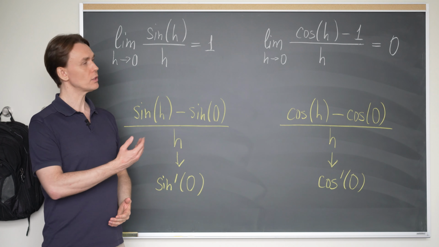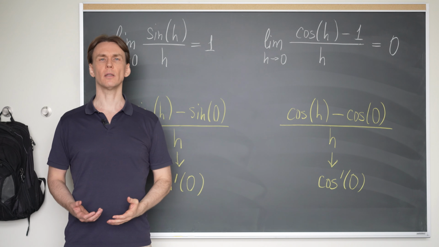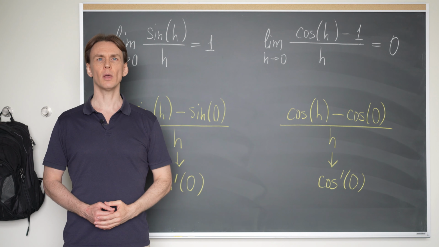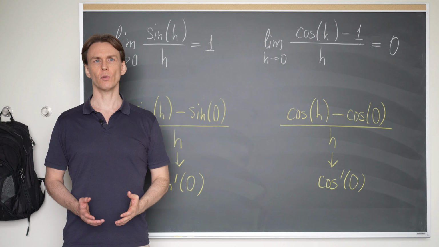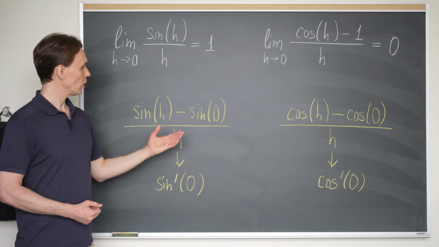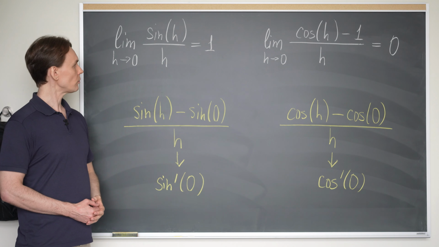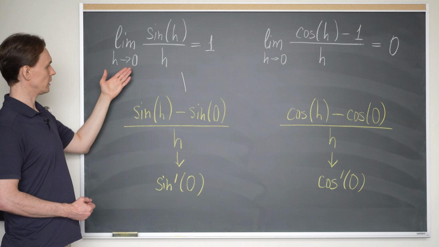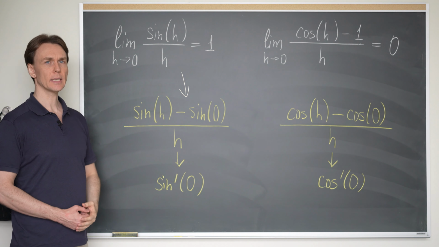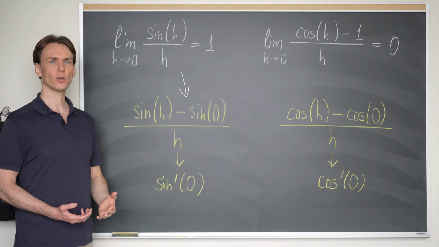Now, the meaning of these two limits and also the reason why we are looking at them right now is very simple. So for example, if you remember that sine of 0 is equal to 0, then we can rewrite this as sine of h minus sine of 0 divided by h.